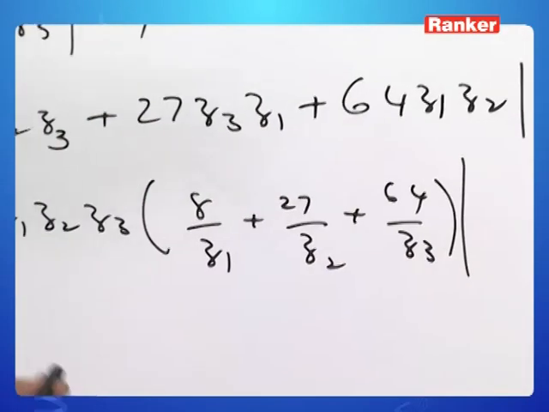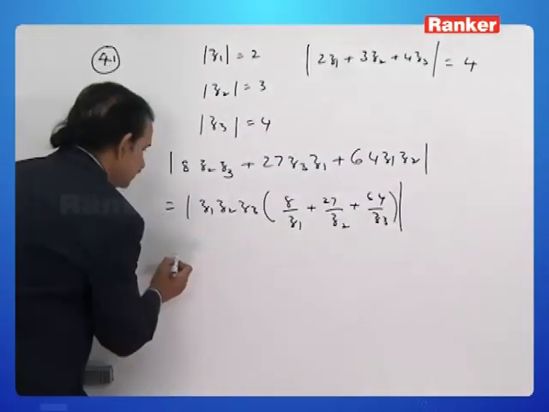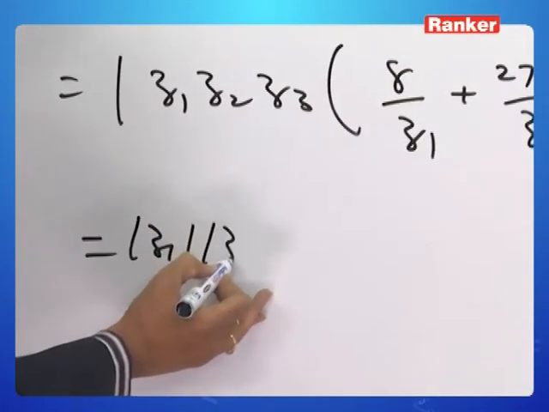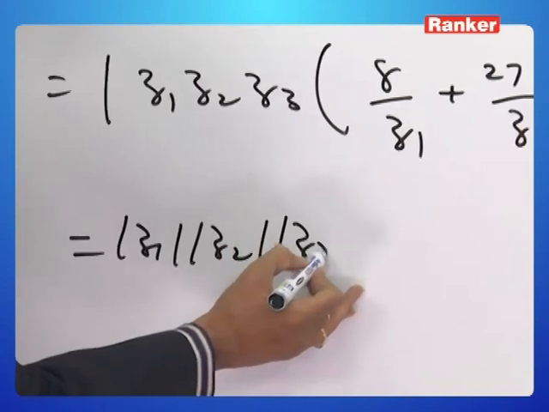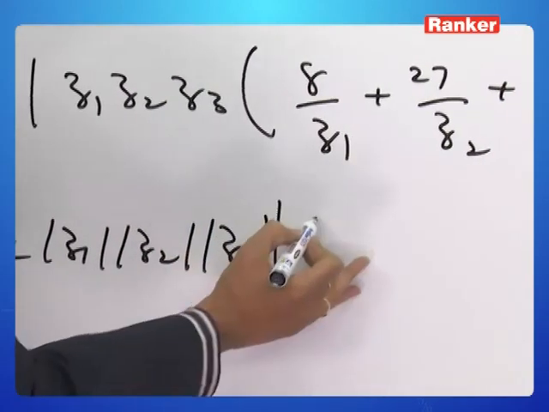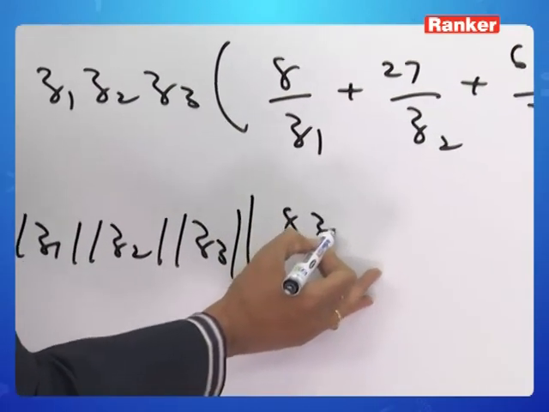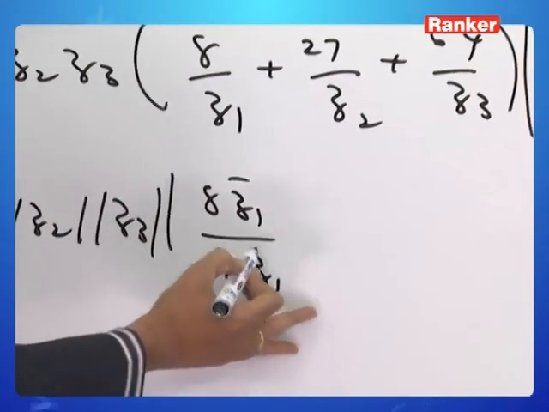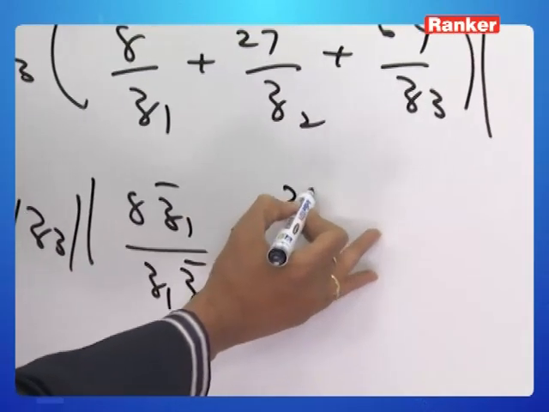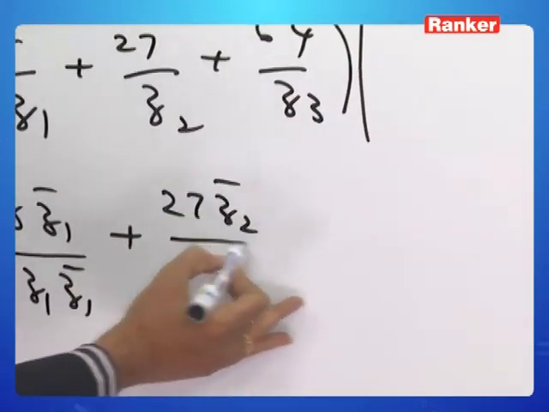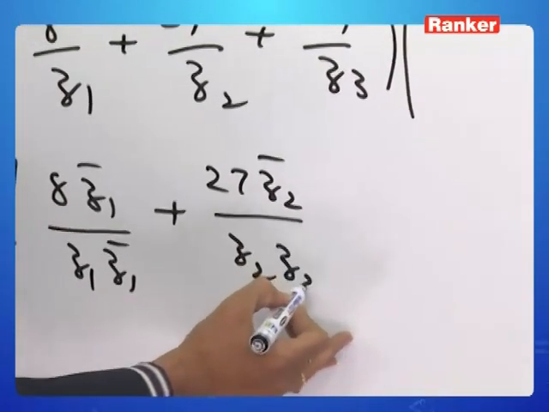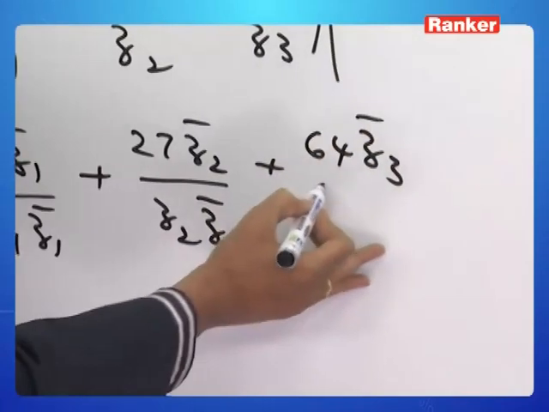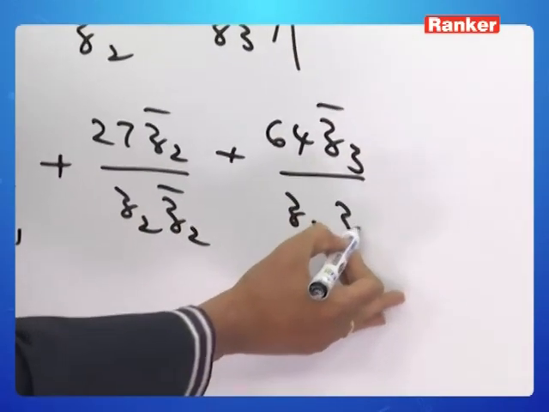And if you split this modulus symbol, this is equal to mod Z1 into mod Z2 into mod Z3 into mod of 8Z1 bar by Z1 Z1 bar plus 27Z2 bar by Z2 Z2 bar plus 64Z3 bar by Z3 Z3 bar.